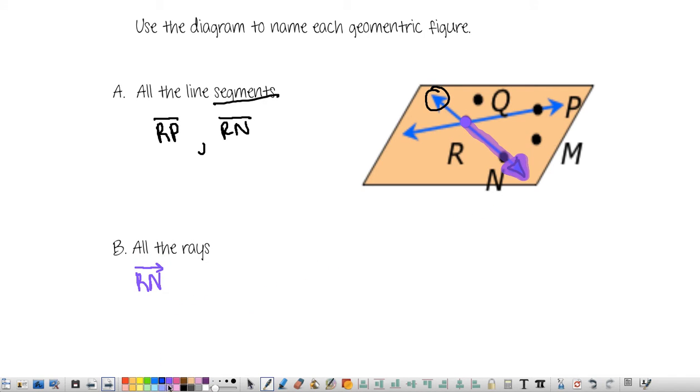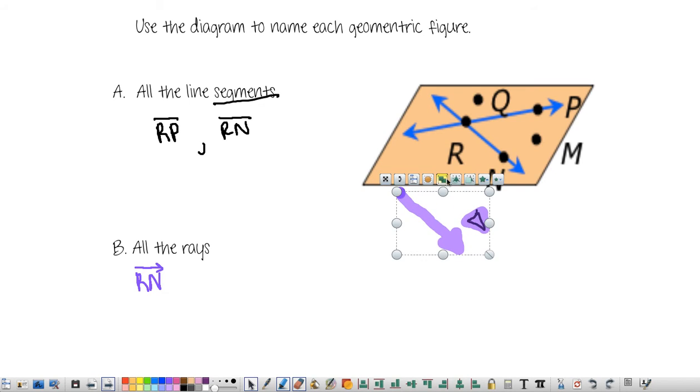Now this is where we can flip it and write that there are two different rays. I had RN that went in this direction, and I'm actually going to move this a little bit. I'm going to erase this, move this over here, and get rid of all my extra drawings.